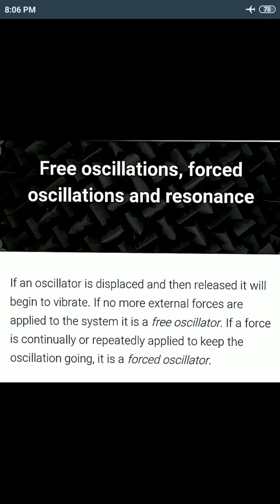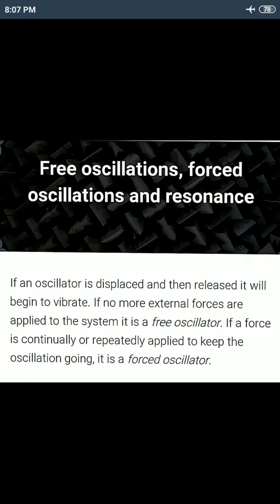So I think the difference between free oscillation and forced oscillation is clear. In a free oscillation, the object will vibrate with its own frequency. Once you apply the force, after that nothing; it will be displaced and then it will continuously oscillate with its own natural frequency.